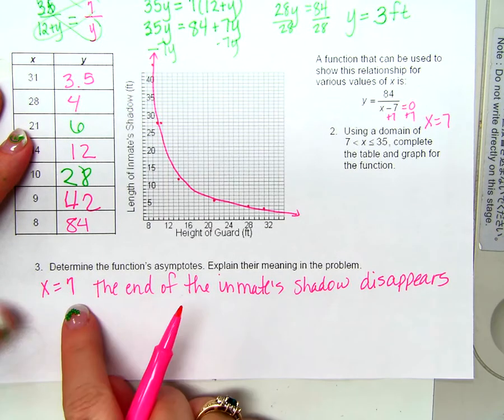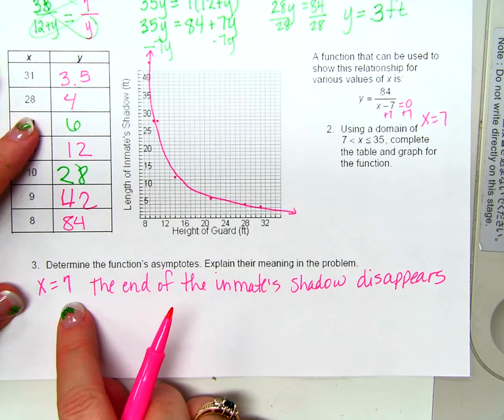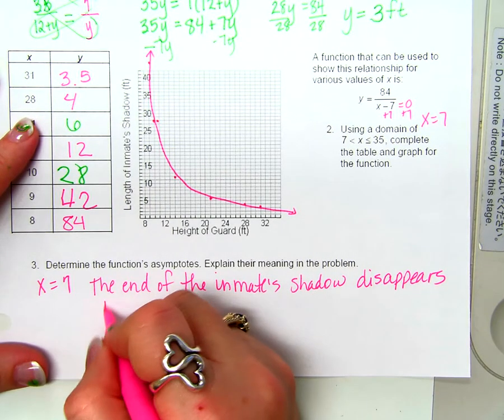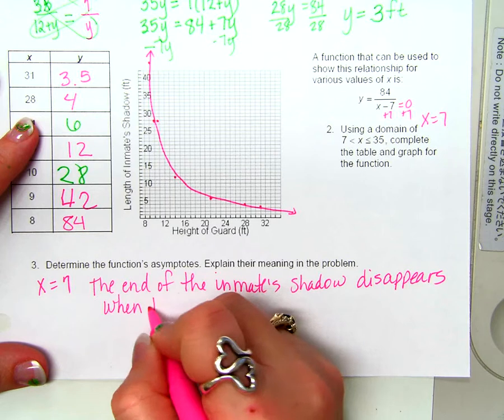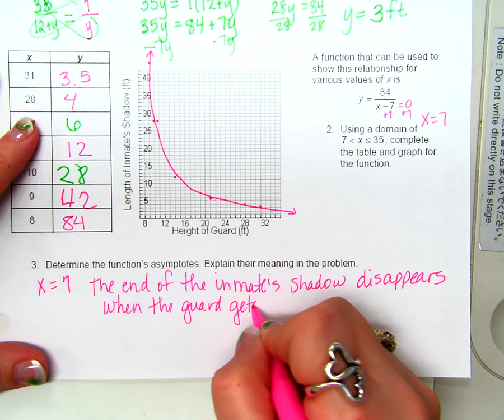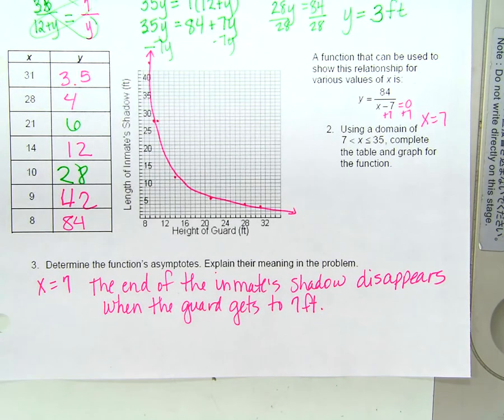What does that have to do with 7? The end of the inmate's shadow disappears when the guard gets to 7 feet. Yes? Okay.